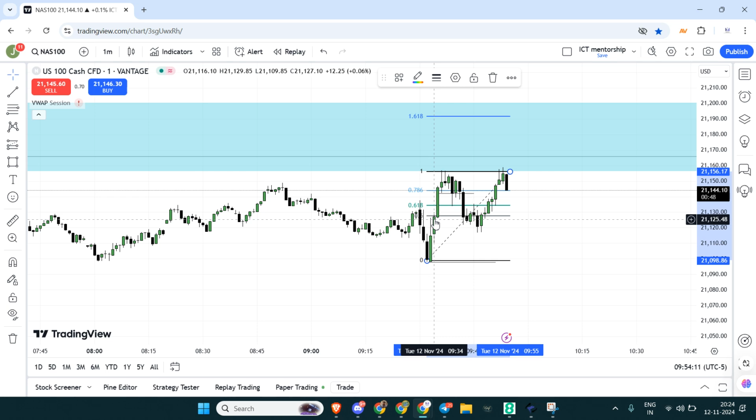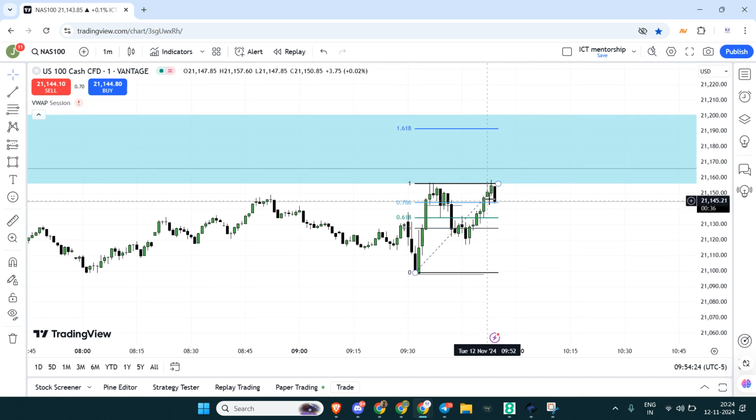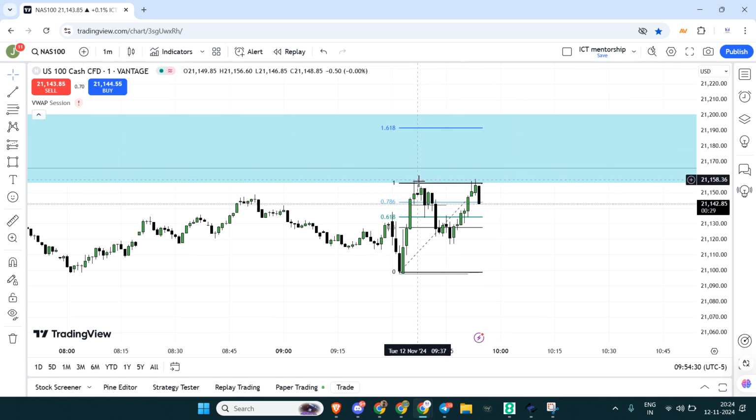So this is the 0.5 level, and you can see the price already retraced or mitigated the levels below 0.5, and price went up. So I just shared the reason why price retraced this much, and now it's going up. So let's see what's happening next.